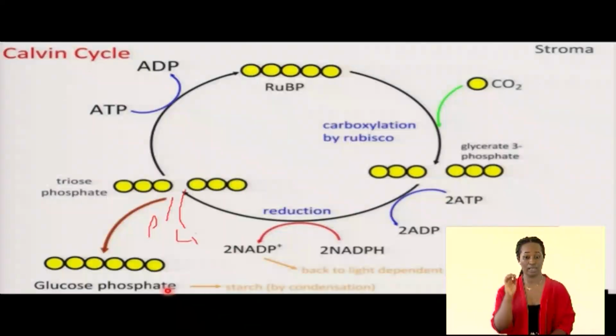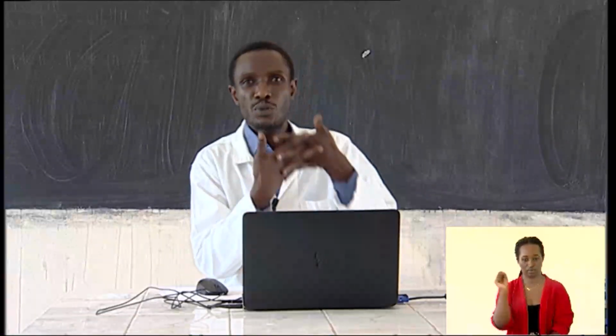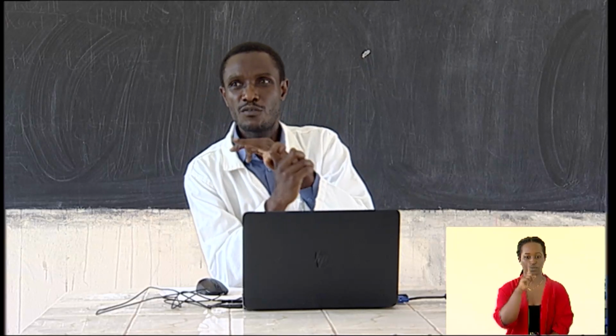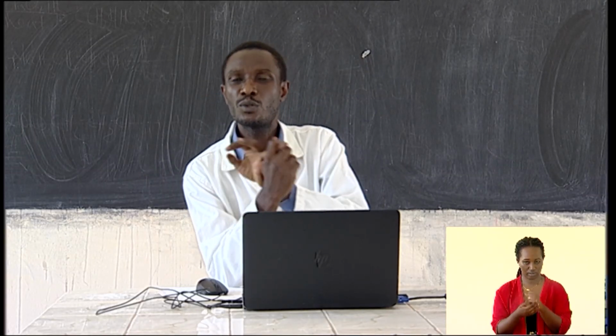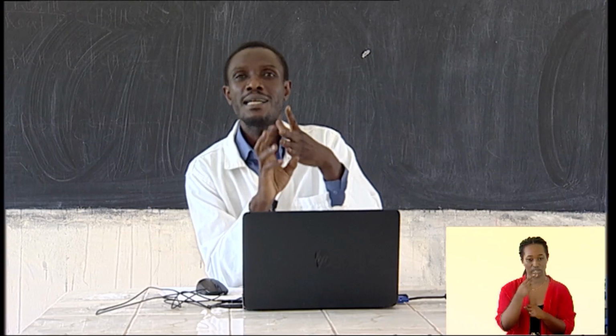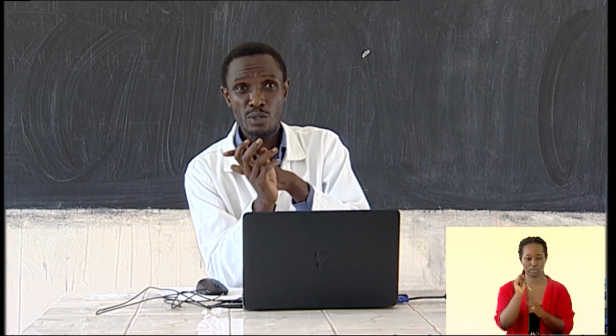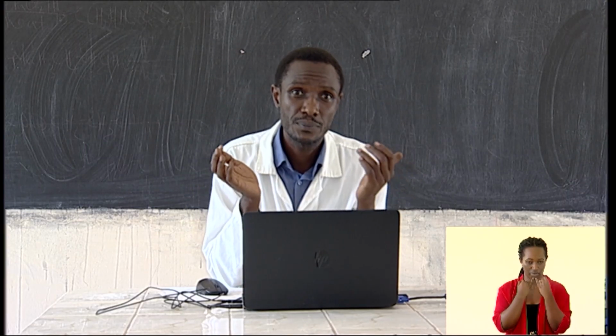In the same way, the glucose produced can also be used in formation of cell walls, like we looked at the very beginning. The functions of the glucose produced: starch for storage, glucose for continuing respiratory needs, and cellulose formation to build the cell wall.